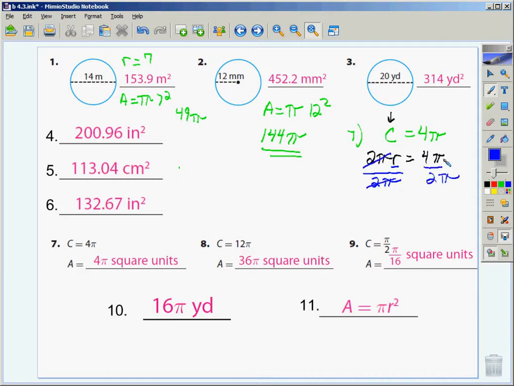The pi's are going to cross out, and 4 divided by 2 is 2. When I plug it in to find my area, it is pi times the radius squared. What is 2 squared? 4. That's why this is 4 pi square units.